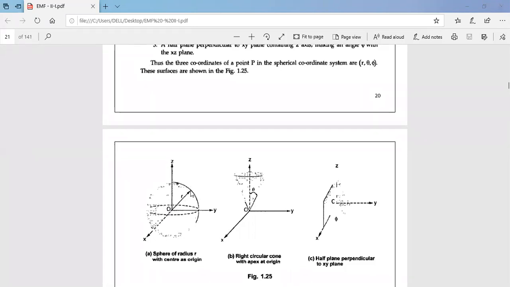And then you have to travel along this radius by some angle, just like how in the cylindrical system we go around at some angle.